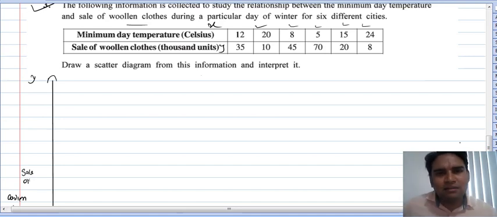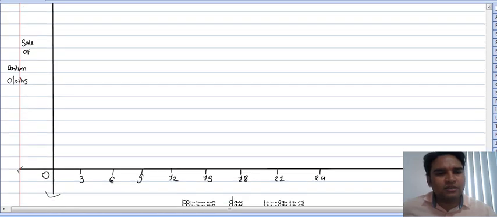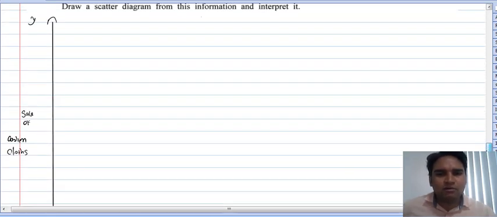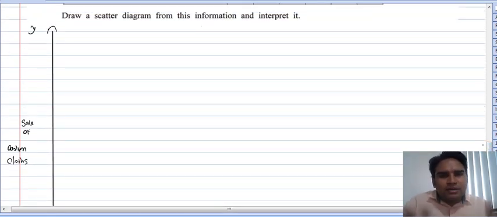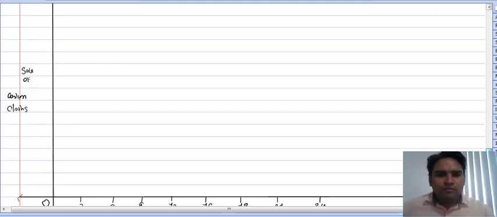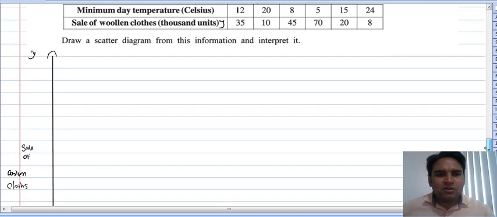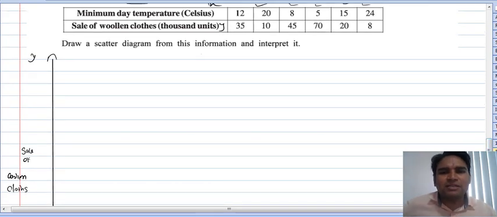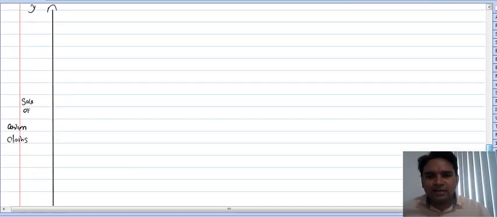You can take this approximately, but the distance must be equal. You have to try that the distance is at least equal, so that you will get the perfect diagram. Then on the y-axis the maximum value is 70 and the minimum value is 8.